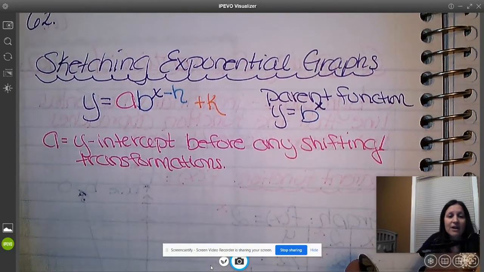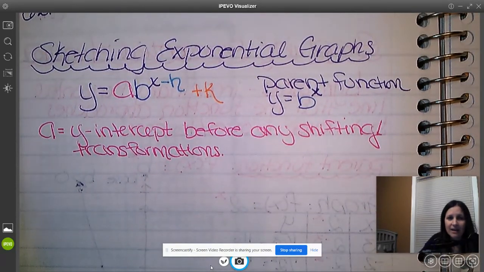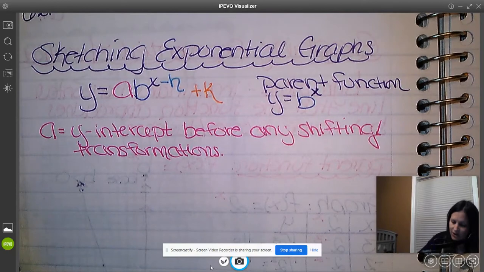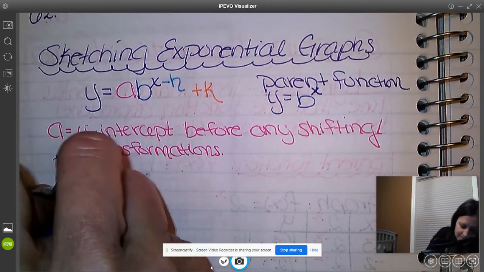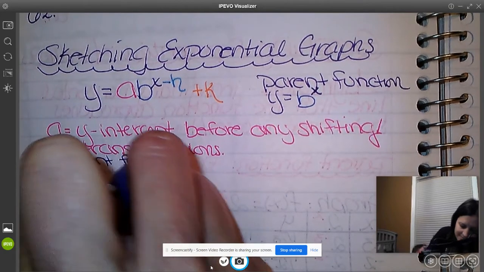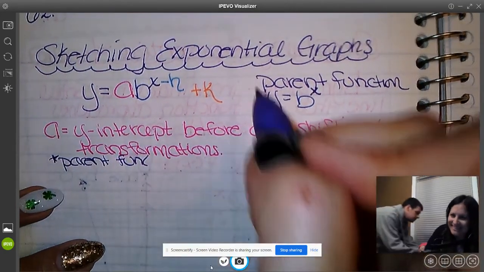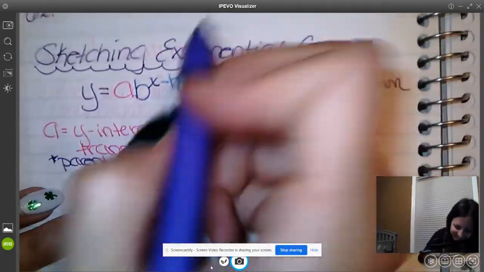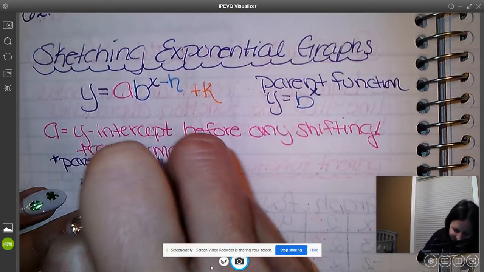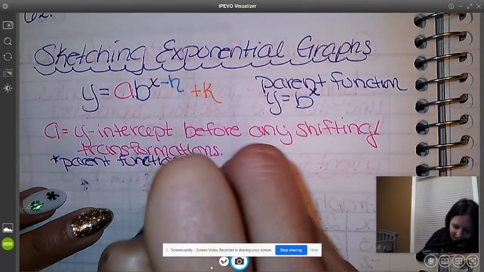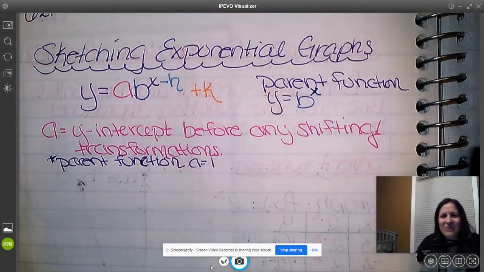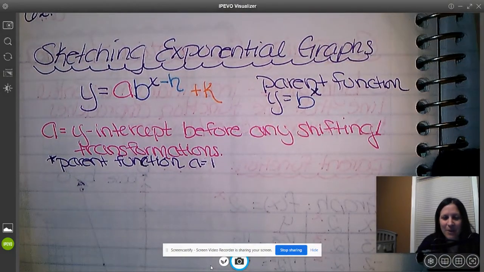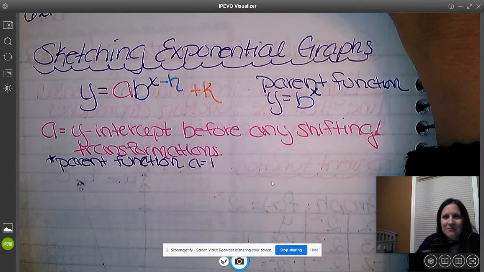So in a parent function, the a value is 1. So it has a y-intercept at (0, 1). Okay.